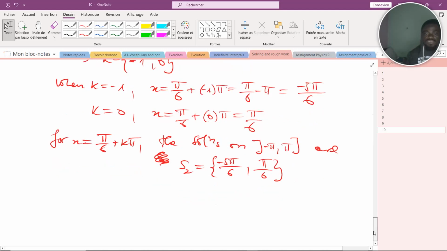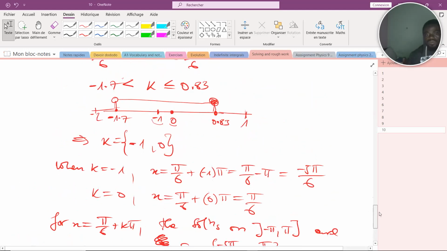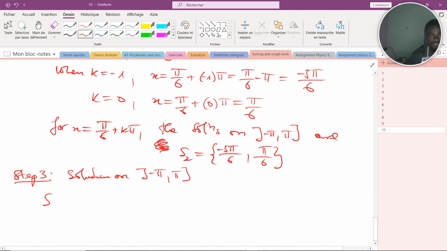Now after finding all this, the last step, step 3, we have to give the solutions on minus pi pi. The solution S on minus pi pi will simply equal S1 union S2.